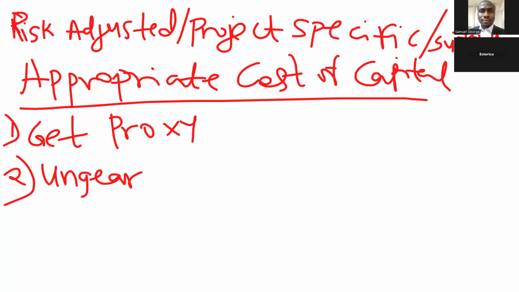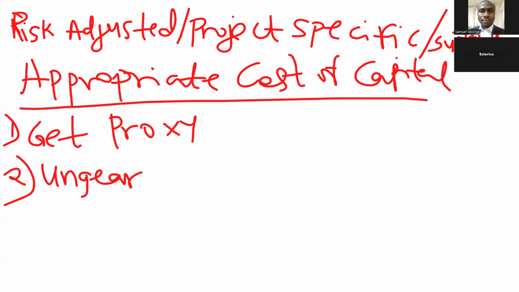Remember, we have discussed cost of capital. We said it contains business risk. Your cost of capital will have business risk inside of it. So the business risk of flour is what you have in the current cost of capital. That you need to readjust, okay, risk adjusted. You need to adjust the risk of that cost of capital to reflect the risk of the new industry you are going to, which is sugar.